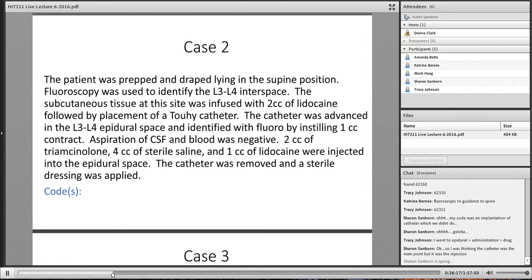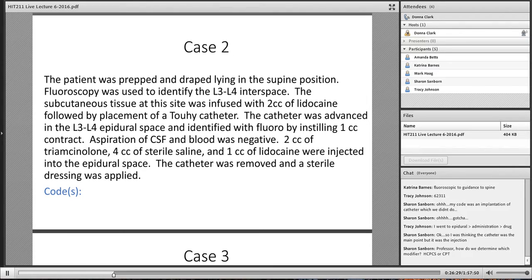You use modifier TC, the technical component, when you are a facility coder and what you're trying to capture is the use of the equipment. You use modifier 26 if you are the actual physician performing it in the facility.